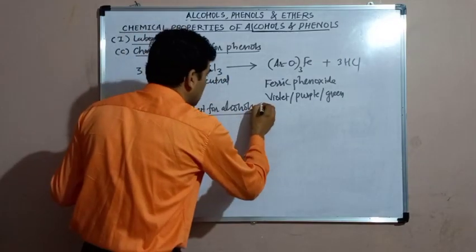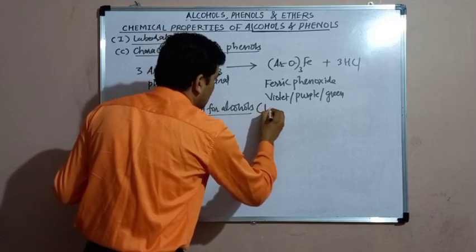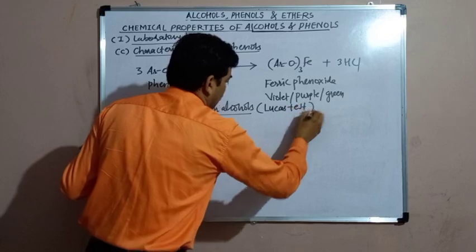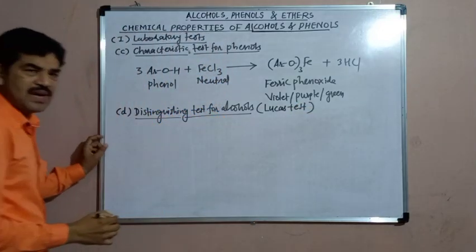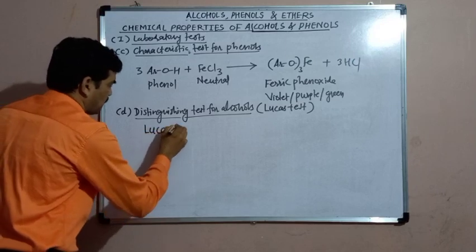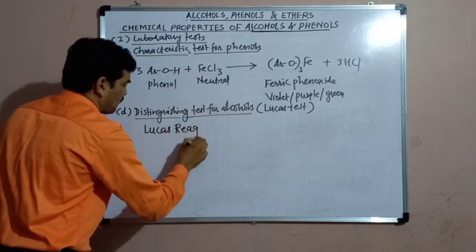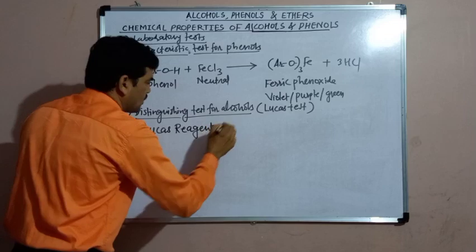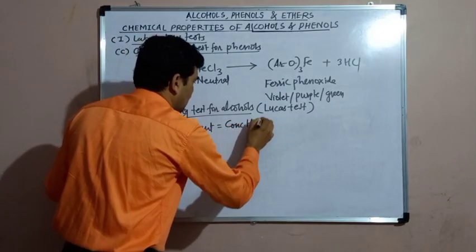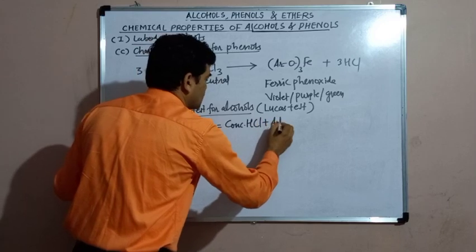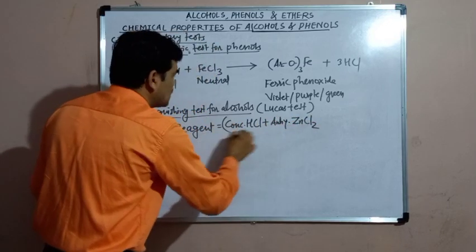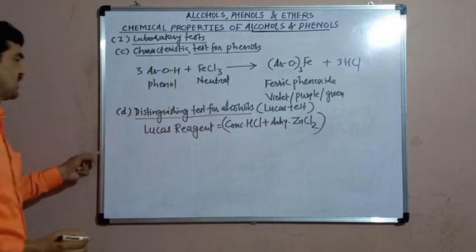For the distinction of these three alcohols, there is the Lucas test. The Lucas test involves the use of Lucas reagent. Lucas reagent is a combination of concentrated HCl and anhydrous ZnCl2. This combination is known as the Lucas reagent.